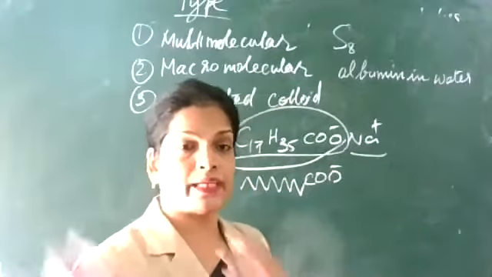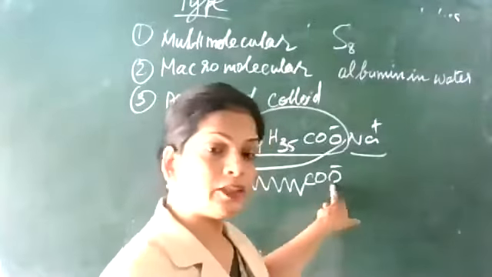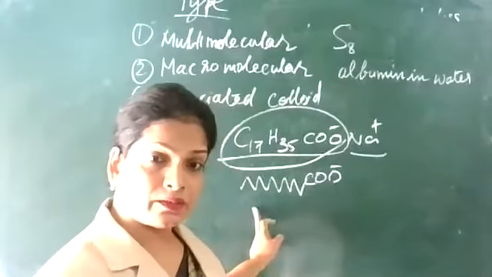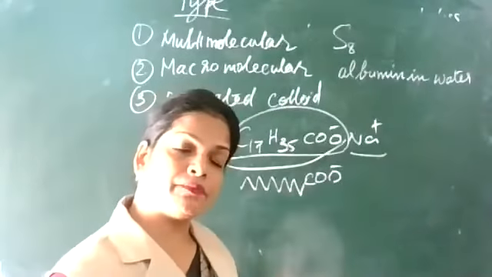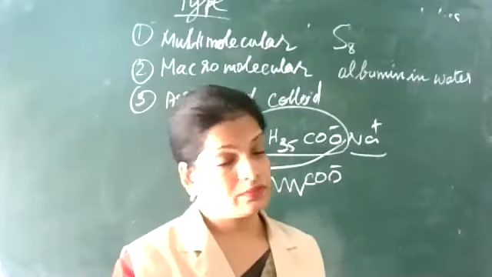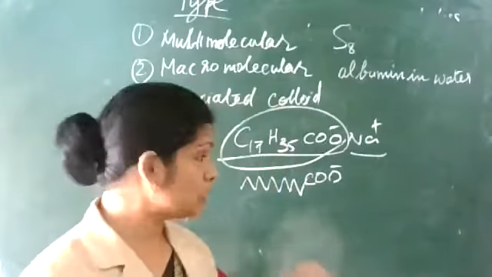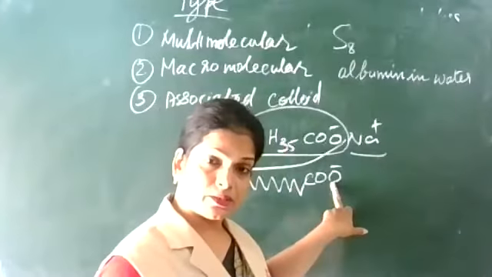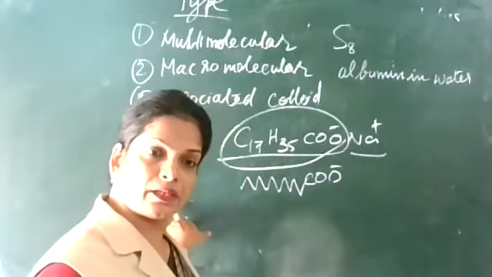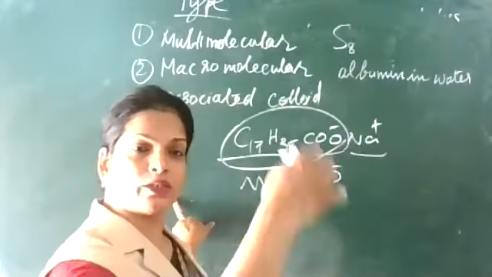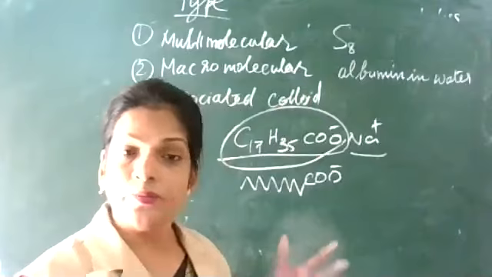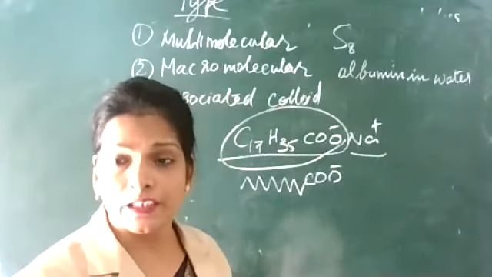When water flows away, that will be taking this portion also. This is connected to this one, which is connected to the dirt. So the dirt will also be moving. Water will be in contact with this polar portion, which is in contact with this non-polar portion. This non-polar portion is in contact with the dirt, grease or oil. So on rinsing, when the water flows away, all these things will be going along with the water. That's how the dirty clothes got cleaned.